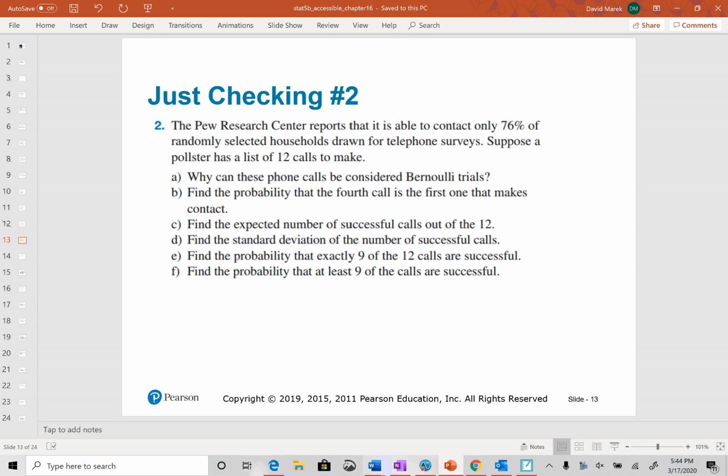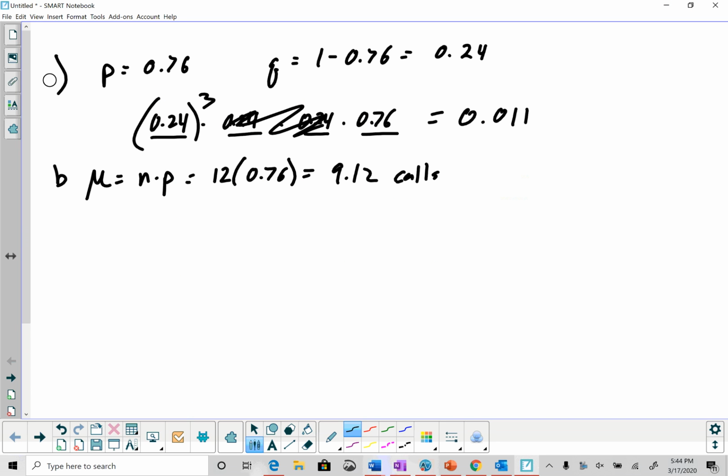Part C, find the expected, I'm sorry, that was C. D, find the standard deviation of the number of successful calls. I apologize. That's B. This is C. Now D, for our standard deviation, we're going to take the square root of n times p times q.